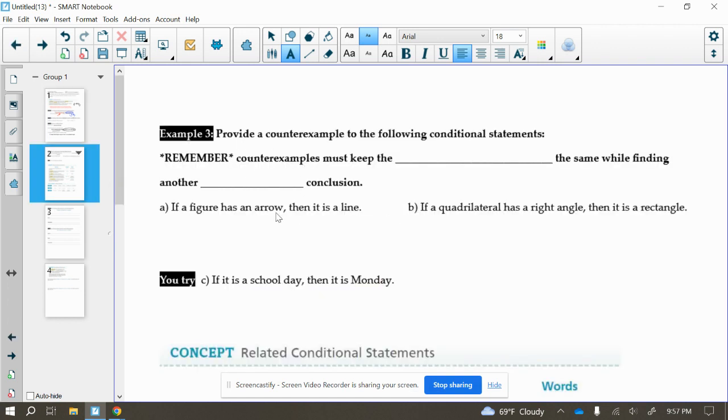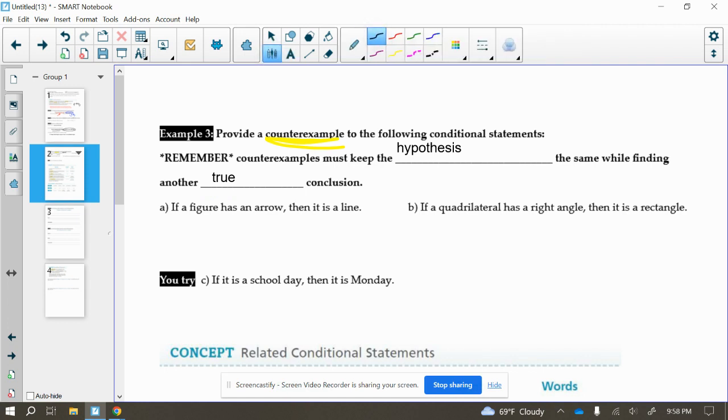Now, sometimes when we think about our logic, we have this idea of a counterexample, right? We've talked about counterexamples in the previous lesson. And what a counterexample does in these examples is that it will keep our hypothesis true, right? So the hypothesis will stay the same while we find another true conclusion that would disprove the original, okay?